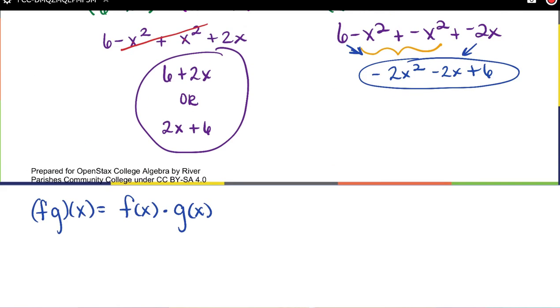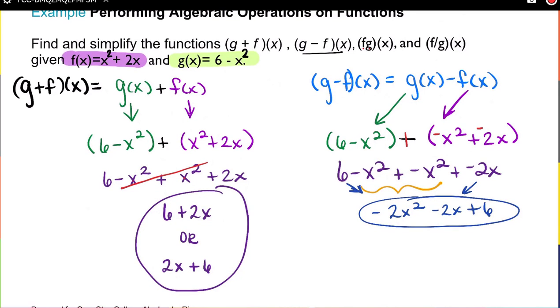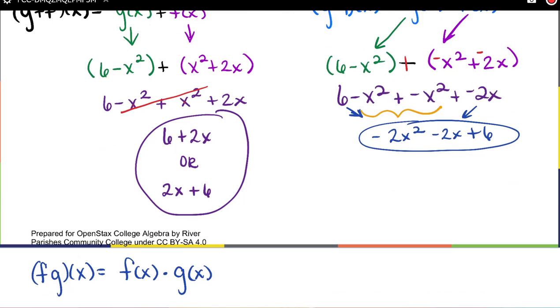Alright, next we are going to do f times g of x. So we will need to take f of x and g of x and multiply those two together. Let's remind ourselves what f of x and g of x are. f of x is x squared plus 2x, and g of x is 6 minus x squared.